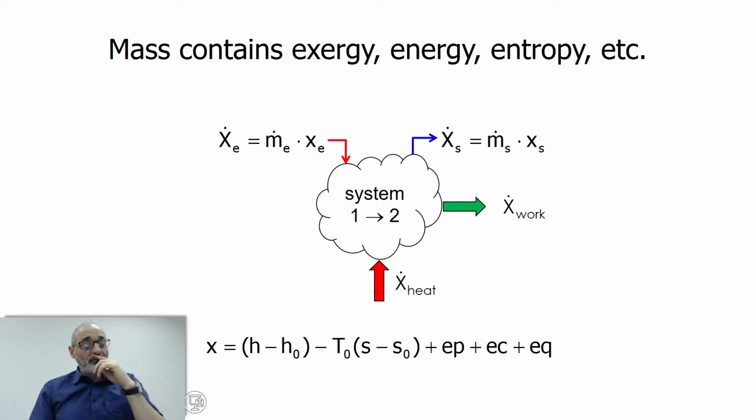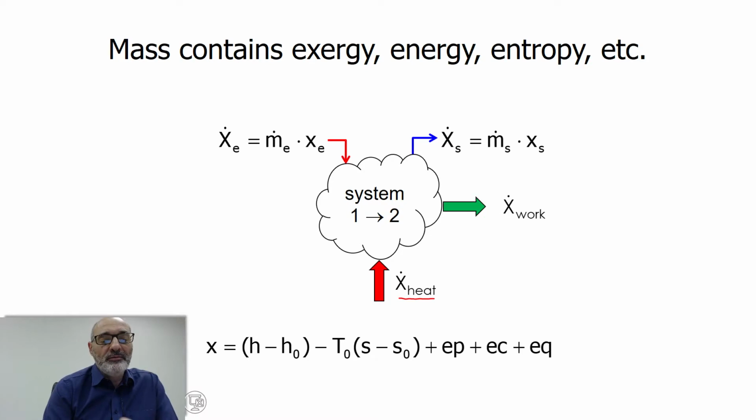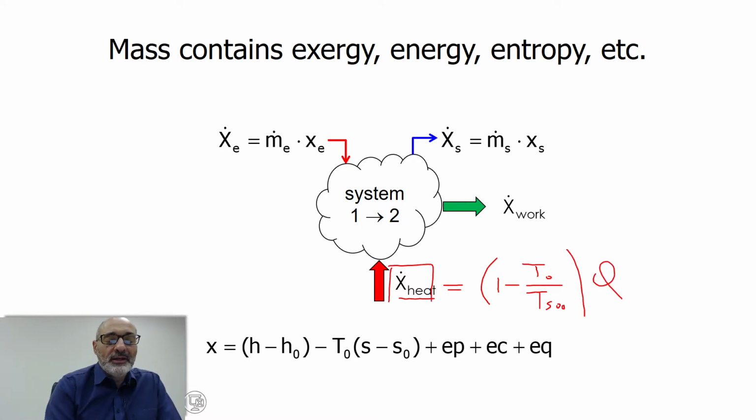The amount of energy associated with heat we have already seen. We plug in our exergy meter to measure that. Remember, this is equal to 1 minus T0 over T source, multiplied by Q. We have seen this.